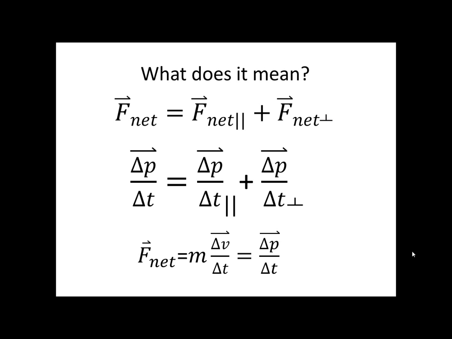If we look at the momentum principle, we can see that the net force actually equals the rate of change of the momentum. Because of this, we know that the parallel component of the net force and the parallel component of the rate of change are equal, and that the perpendicular component of the net force and the perpendicular component of the rate of change of momentum are equal as well.